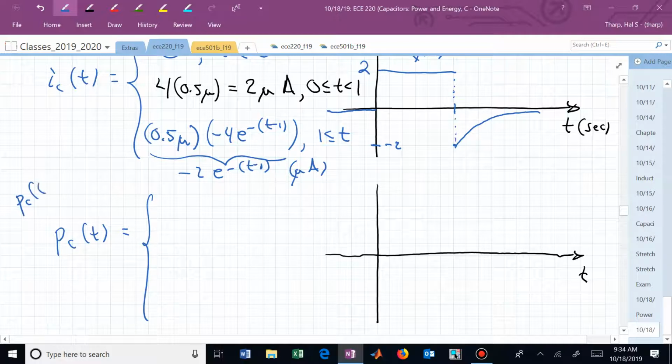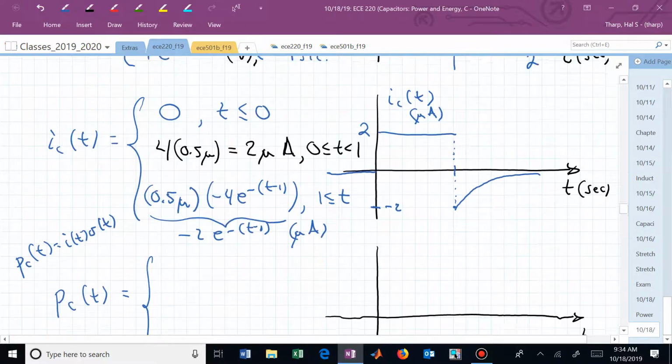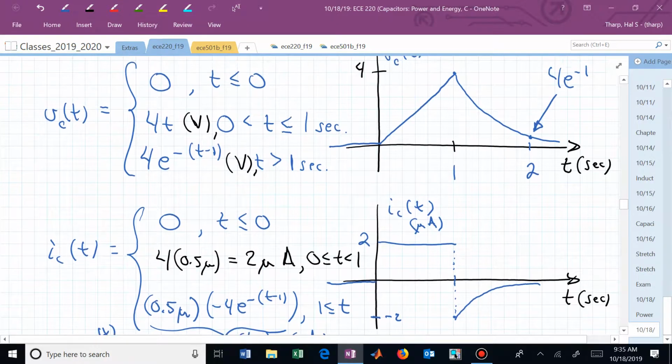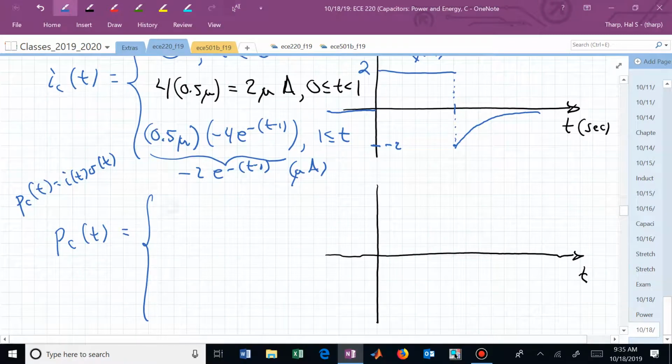Well, we can remember that that's simply I times V, or V times I, and we have both of those. We can just multiply them together. 0 times 0, it's going to be 0 for time less than 0.